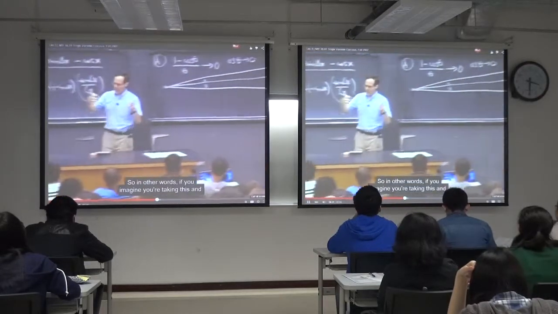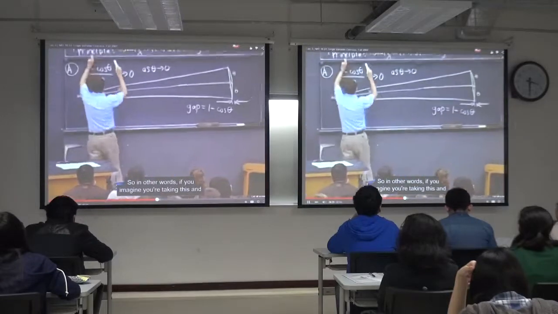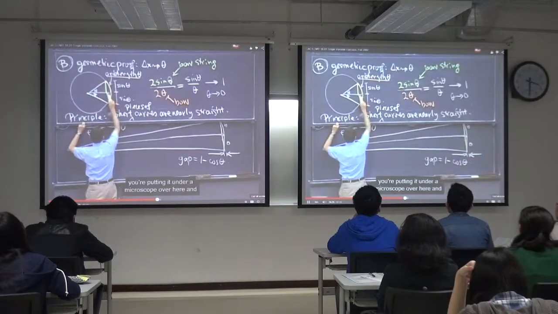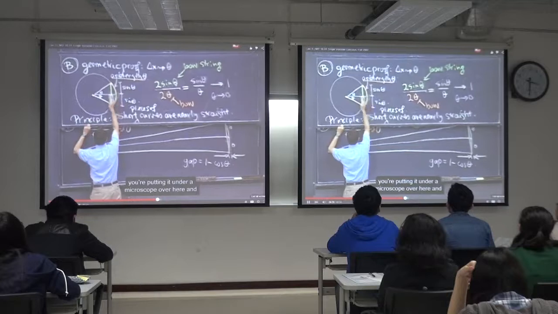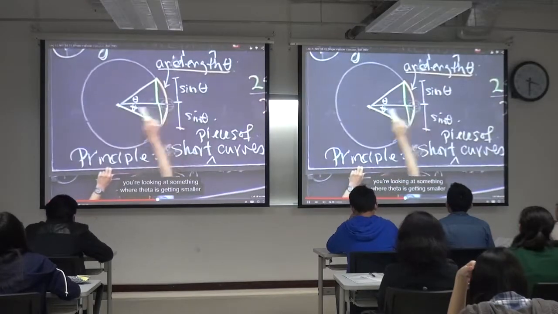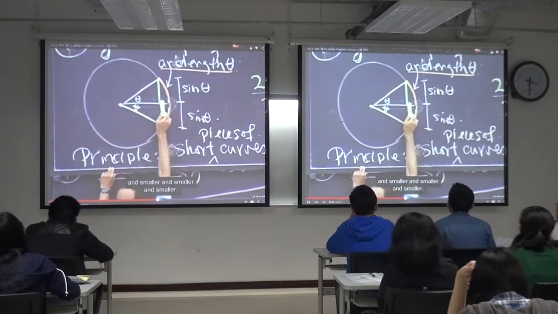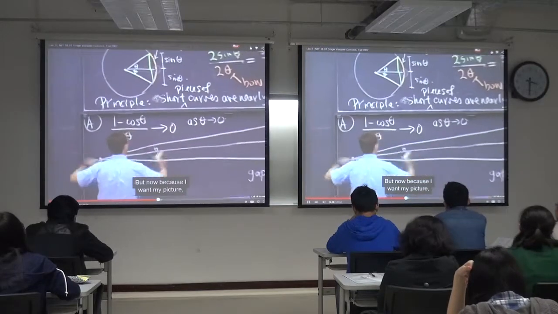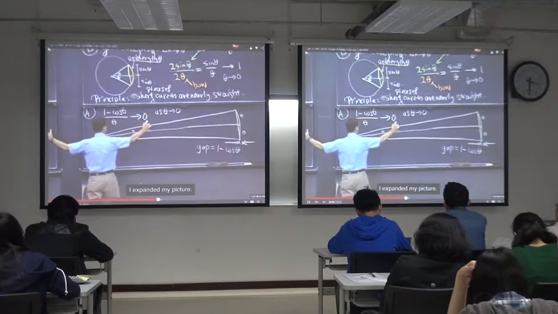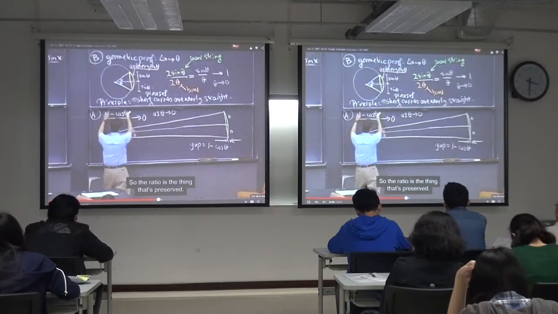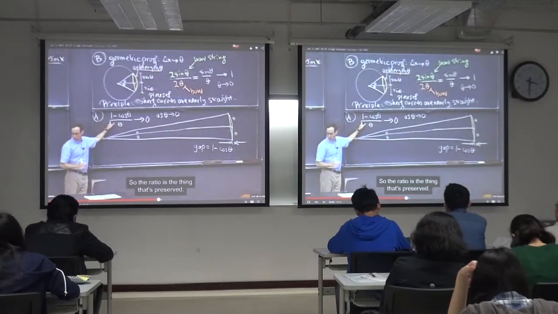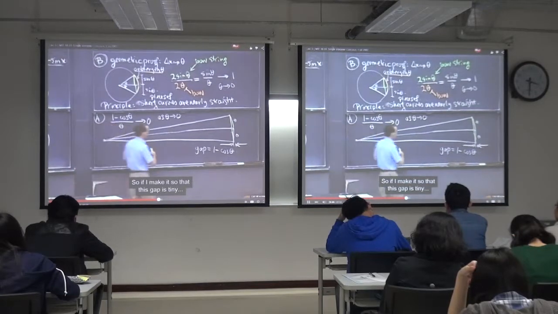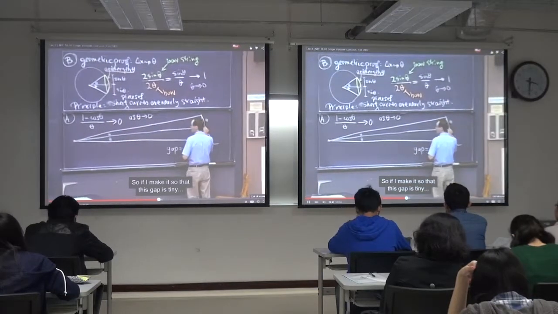If you imagine putting this under a microscope, theta is getting smaller and smaller. But because I want to see my picture, I extend it, so the ratio is the thing that's preserved.